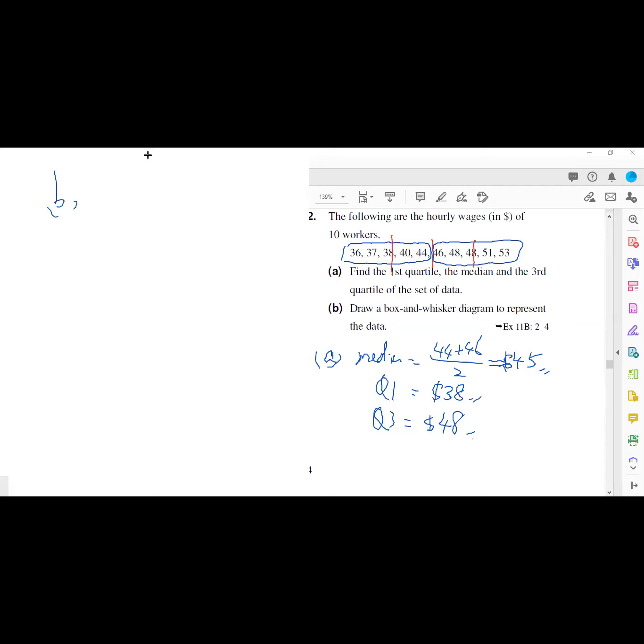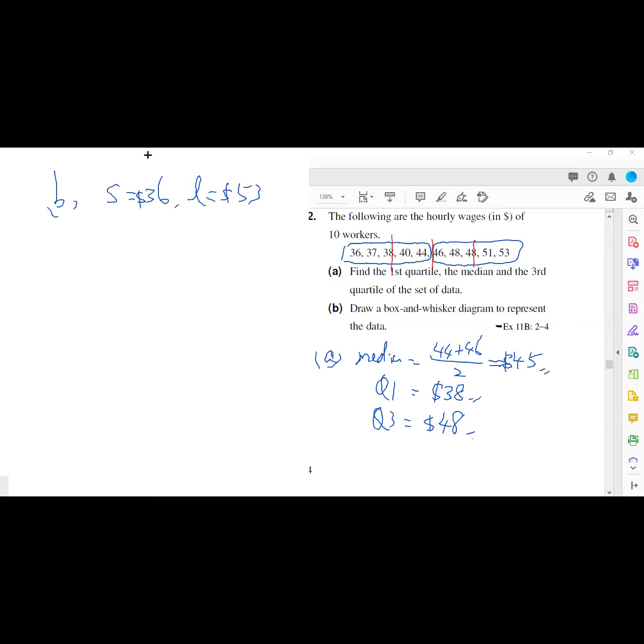So we need to find the smallest datum, $36, and largest datum is $53, like this. And then we draw the axis first.